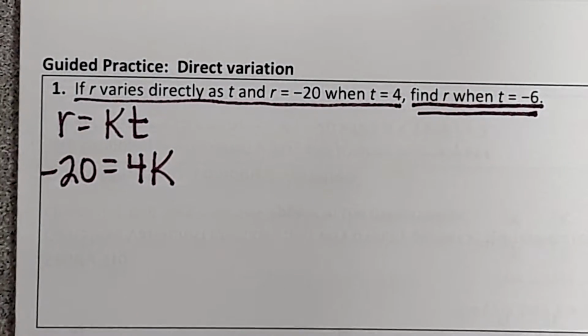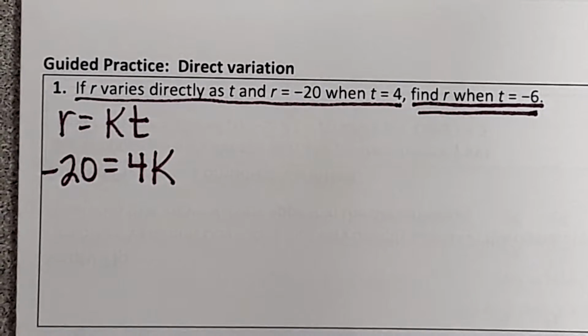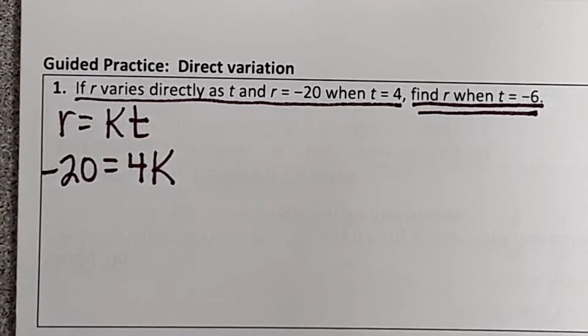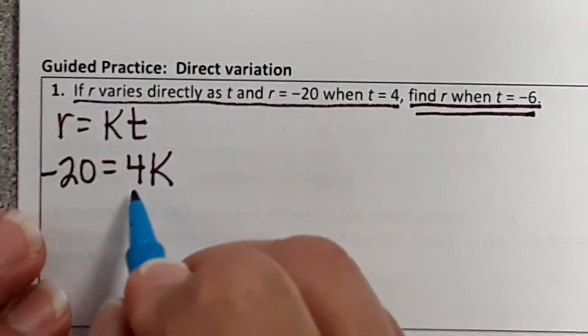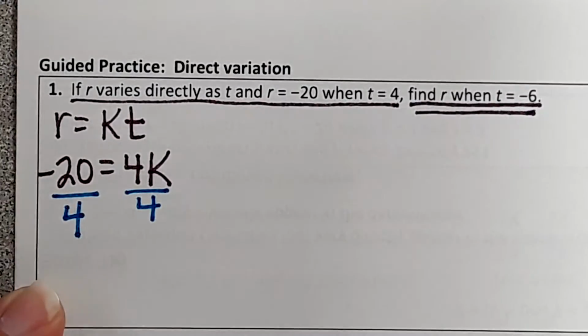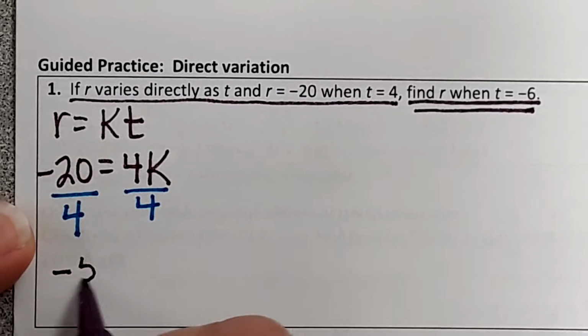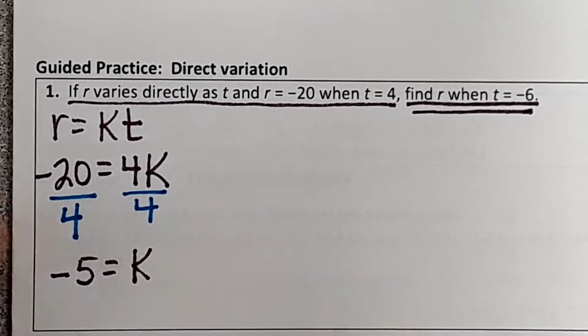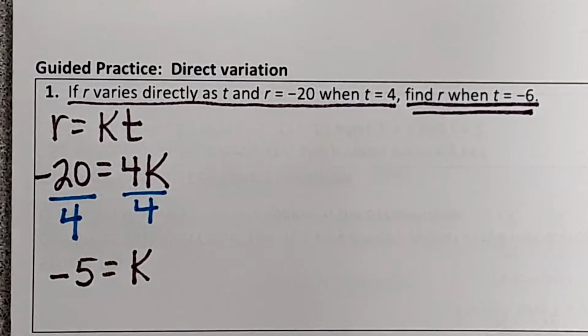That's the first half, because you're not going to be able to do anything unless you find k. So how would I solve this equation? Divide by what? Yep, we're going to divide both sides by 4, and we're going to get negative 5 equals k. So that's our first step.